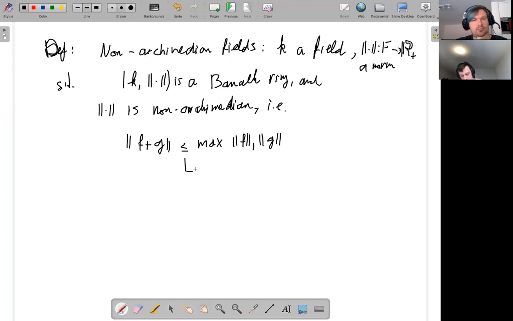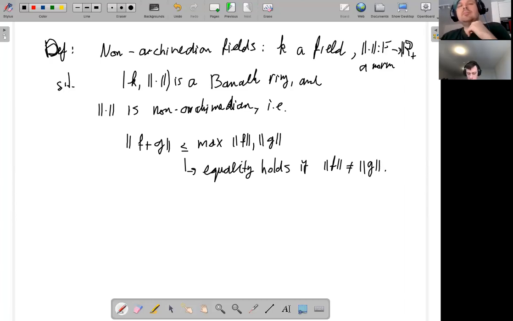For example, here, equality holds if the norm of f is not equal to the norm of g. So this is not part of the definition, but this is something you can prove.